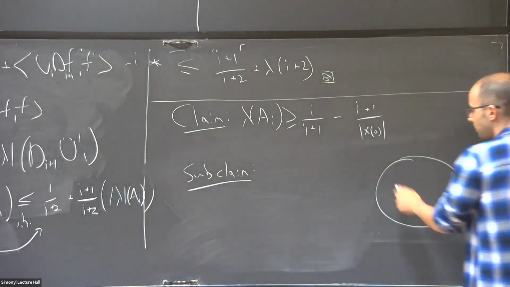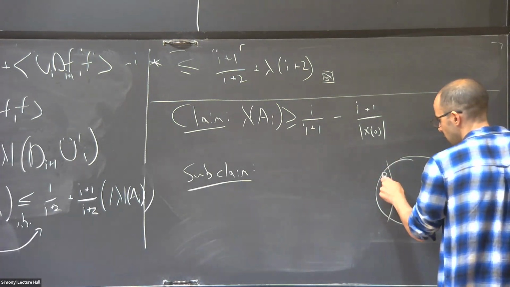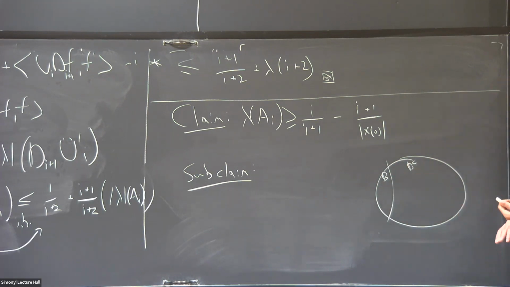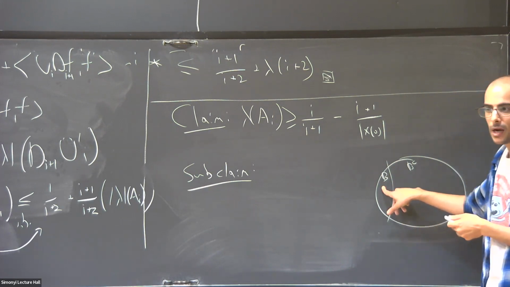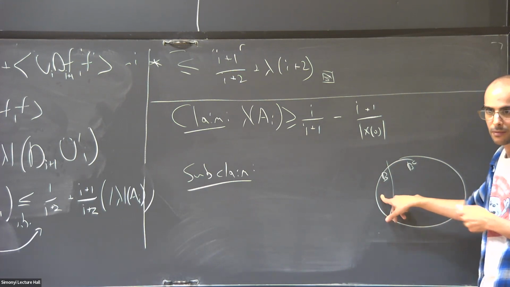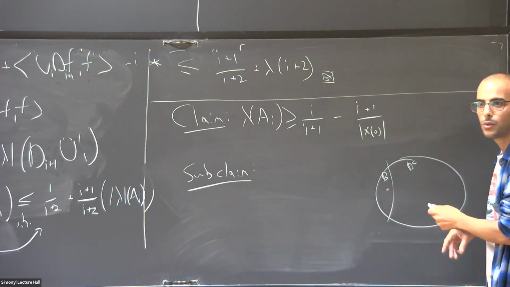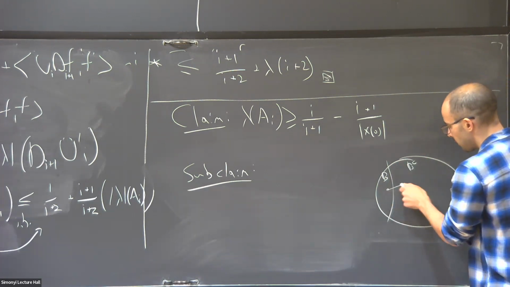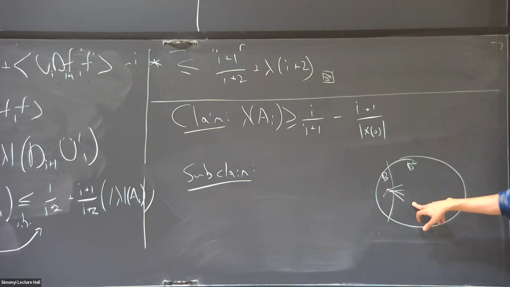What I want to say is the following. Suppose you have some cut, so here you have the set B, and here you have the set B complement in your graph, and your graph is an excellent expander. Then if this cut has a small side, say B is very small, then if you choose a random vertex in B and take a random step, most likely you will get out of B in that step.